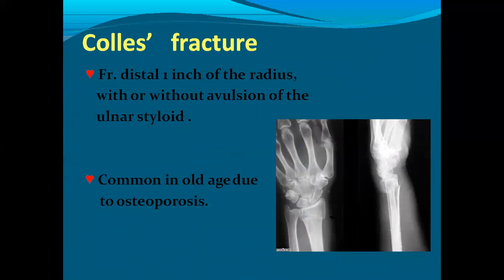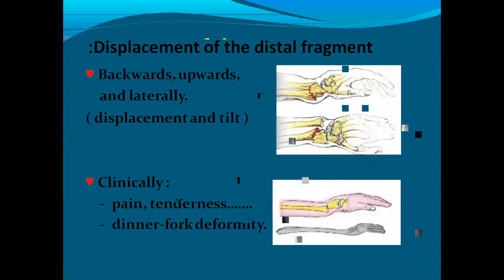Colles fracture. Colles fracture is a fracture of the distal 1 inch of the radius with or without avulsion of the ulnar styloid process. It is common in old age due to osteoporosis. Displacement of the distal fragment is backwards or upwards and laterally. Clinically, it presents with pain, tenderness, and dinner fork deformity. That is, the wrist and the hand present just like a dinner fork.